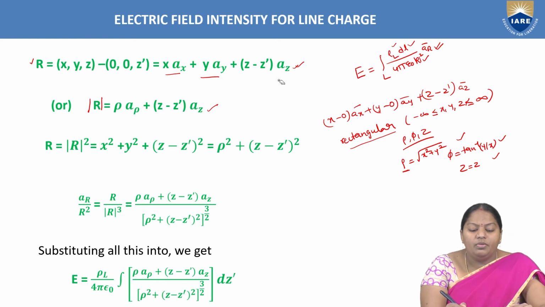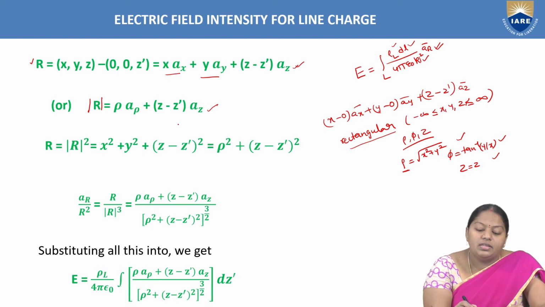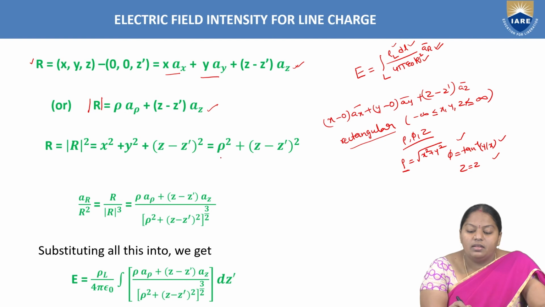Now, from this, modulus of r whole square: if you find the distance as root of x square plus y square plus z minus z dash whole square, then the square root gets cancelled. Here we know that rho is root of x square plus y square.